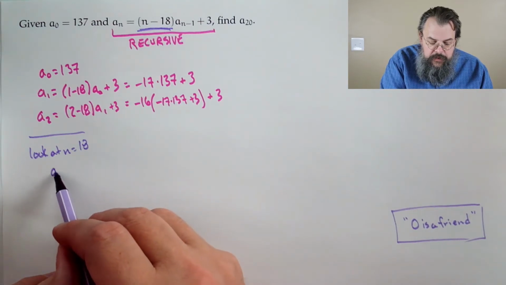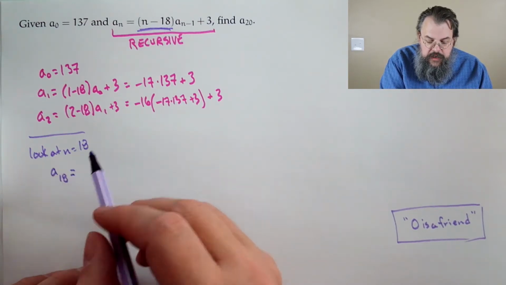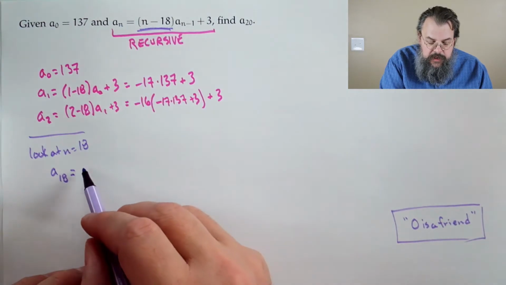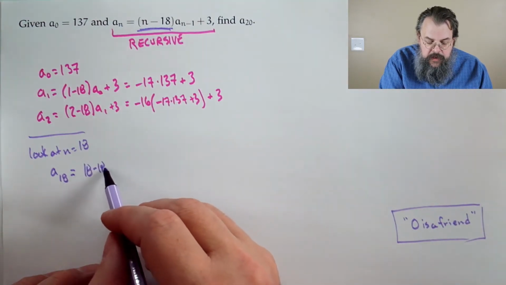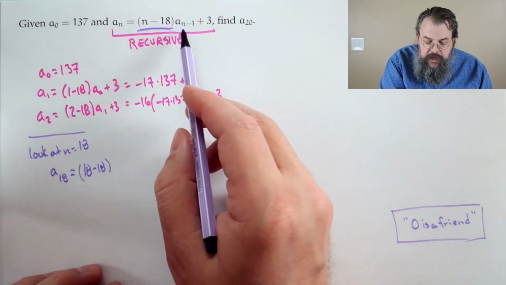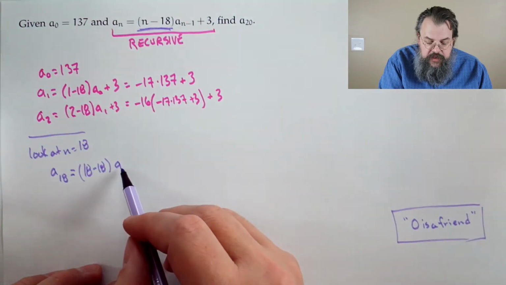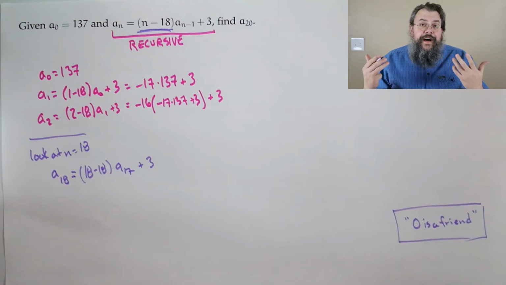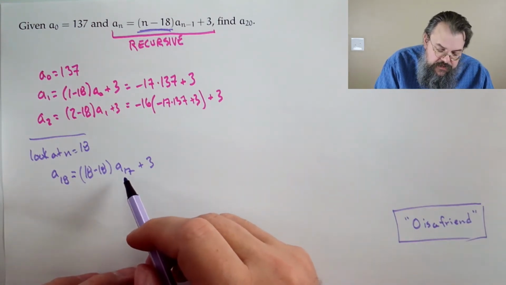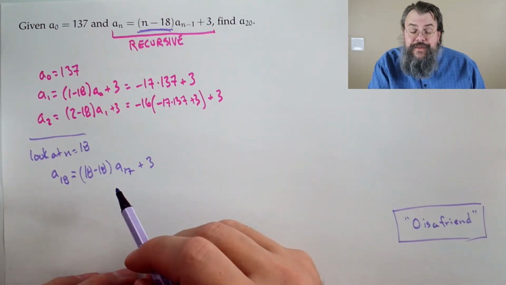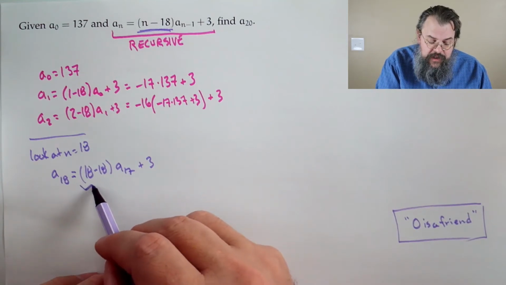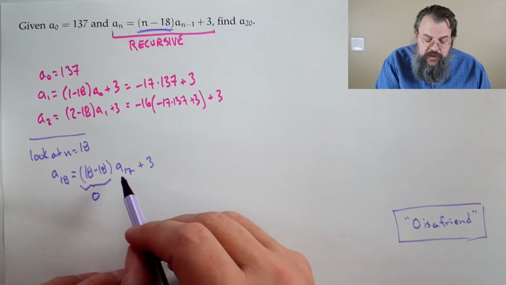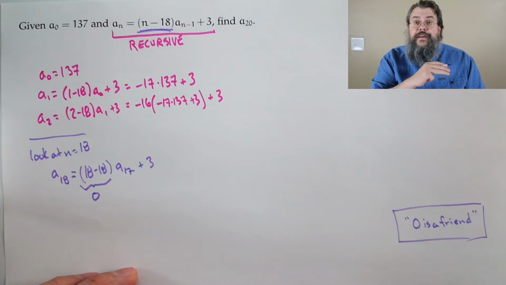A sub 18 equals 18 minus 18 times A sub 18 minus 1, that's A sub 17, plus 3. Now, you might say, too bad we don't know what A17 is. It doesn't matter what A17 is, because 18 minus 18 is 0, and 0 times anything is 0.